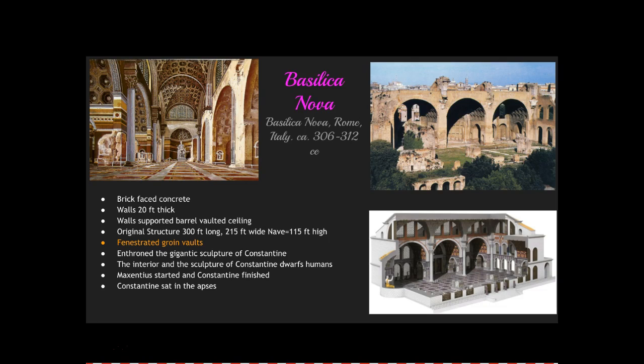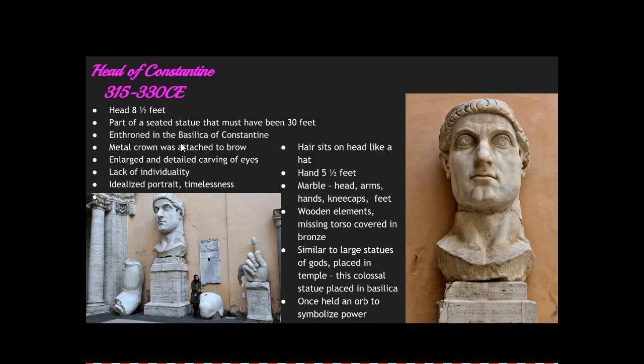This is when we start to see that fenestrated groin vault that we talked about earlier. And we've got the enthroned gigantic sculpture of Constantine on one side. The interior and the sculpture of Constantine kind of dwarfs other humans. It's enormous. We'll see the head of it here in a second. Constantine sat in the apse, which is like a jut out, the curve right here. So it's like a little containing area.